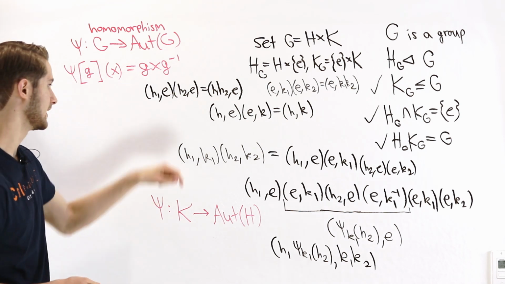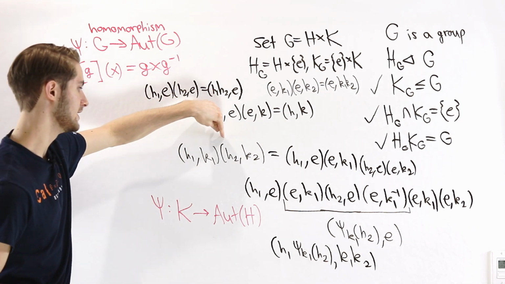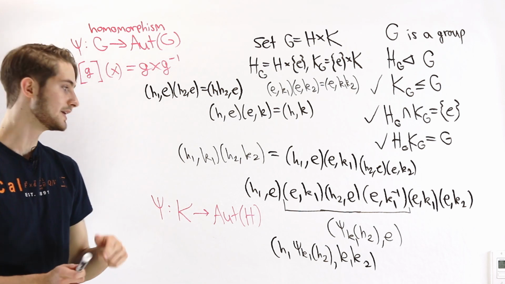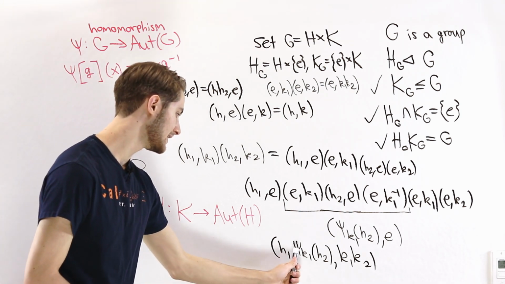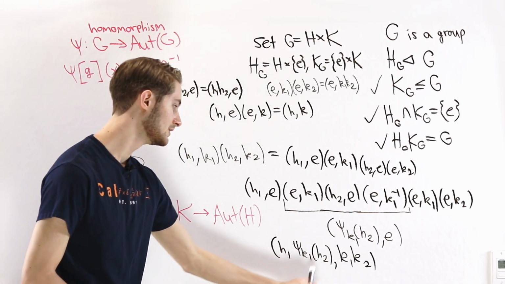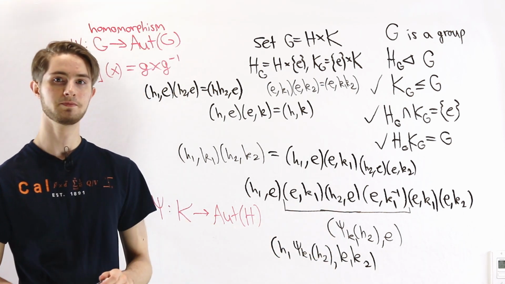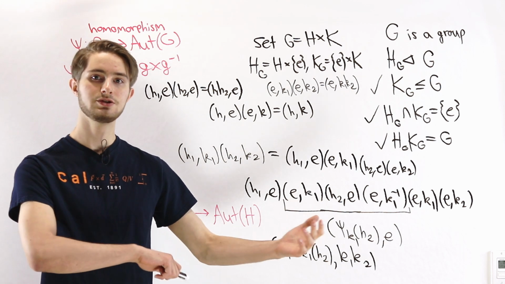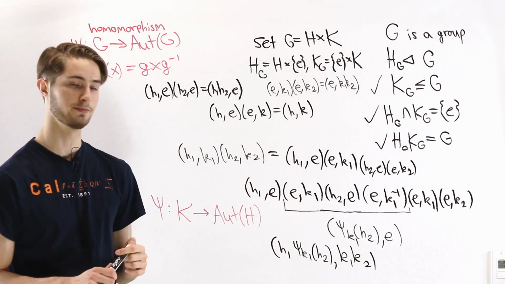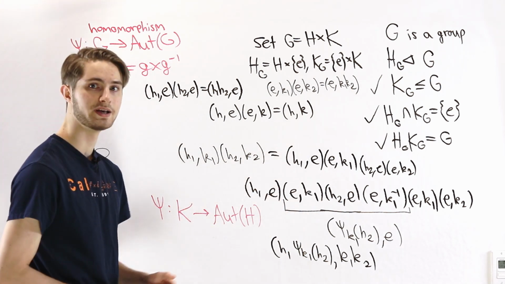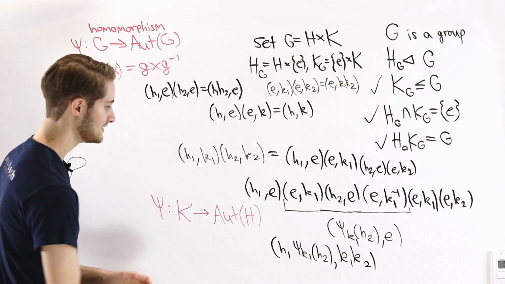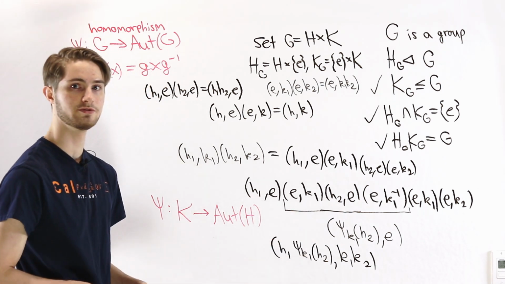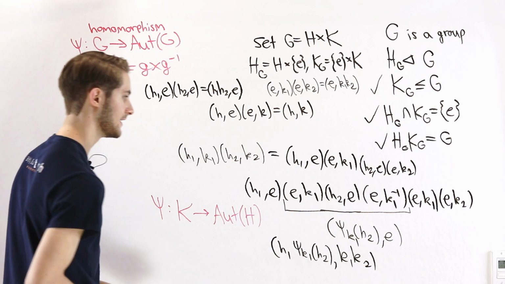So when we multiply (h1, k1) times (h2, k2), the result we get is (h1 times psi k1 of h2, k1 k2). And when you look at this result, it should make you think back to that inner semidirect product that we had before. This looks just like what we had with the inner case, except instead of k1 h2 k1 inverse, we have this map psi.